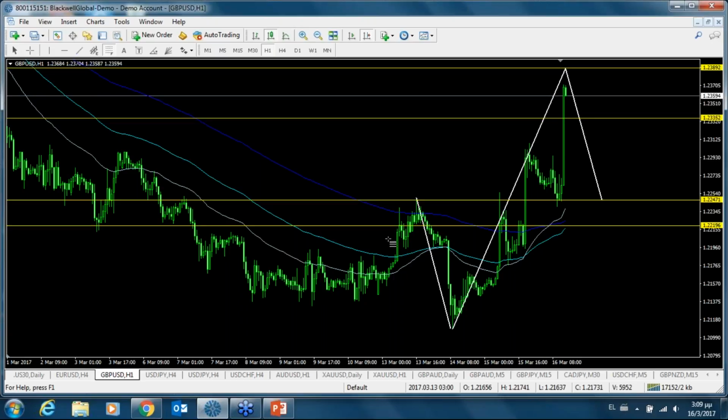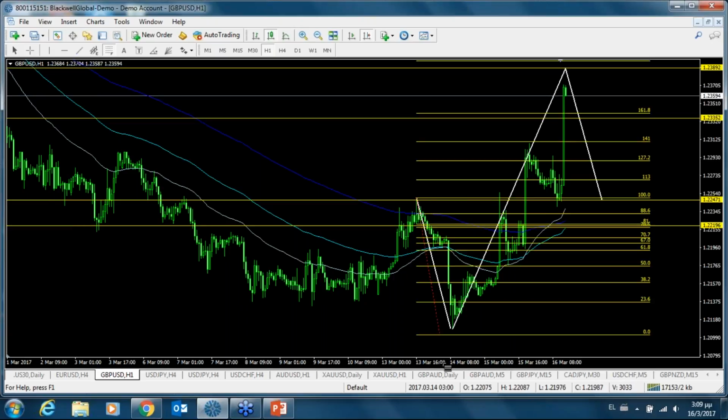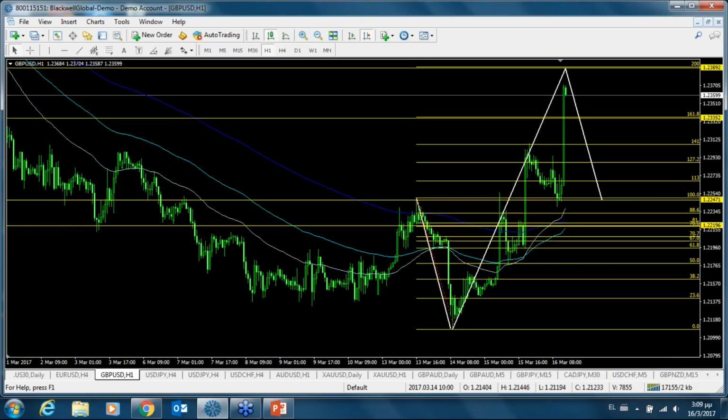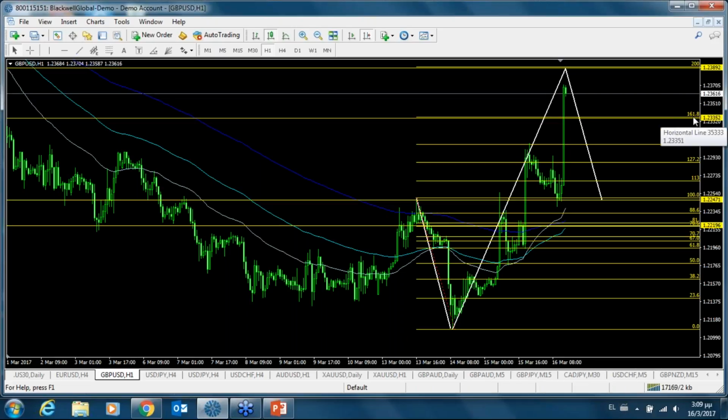If you're pulling from A to B, you see that you've got the 161 and a 200 right there. If I choose the reversal at 161.8 instead of this area, then it wouldn't meet my other criteria, and I'll tell you what I mean.